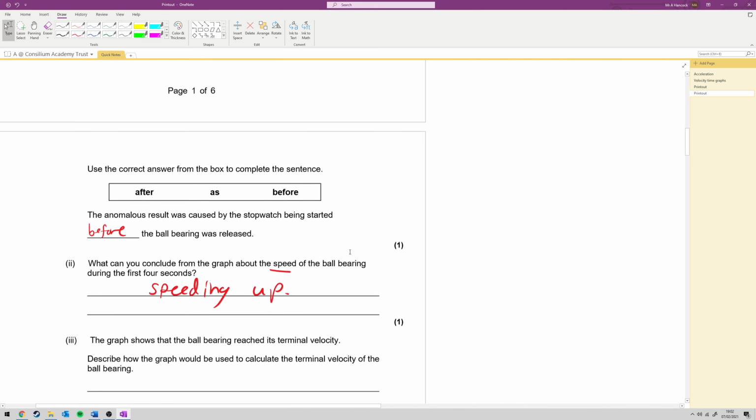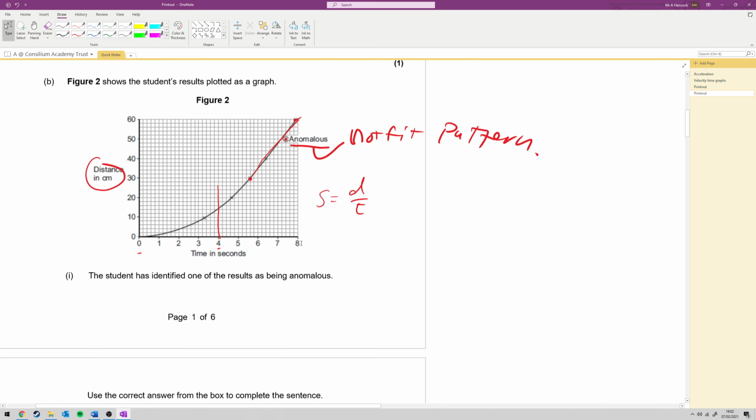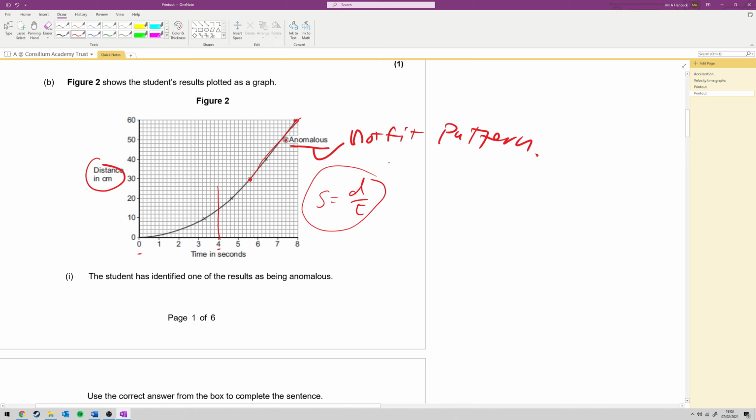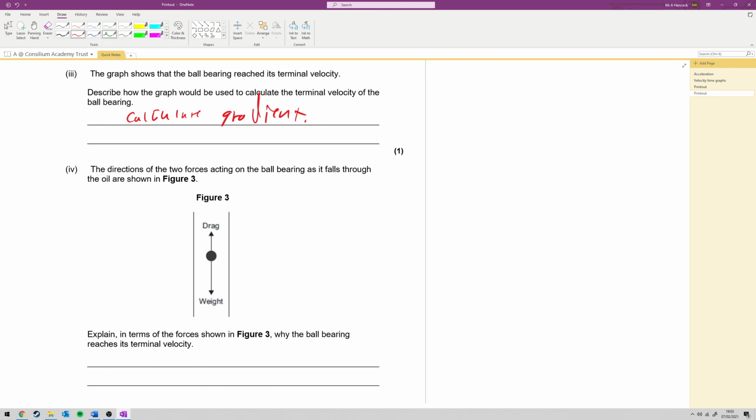Now the answer this question is specifically looking for is, calculate the gradient. But if you didn't remember that the gradient of a distance time graph is the speed, that's fine. You just remember speed equals distance divided by time and you describe what you do. So let's go back down here, the question. If you couldn't remember that, that's fine. You can write, well, speed equals distance divided by time.